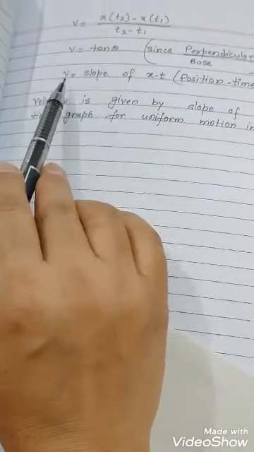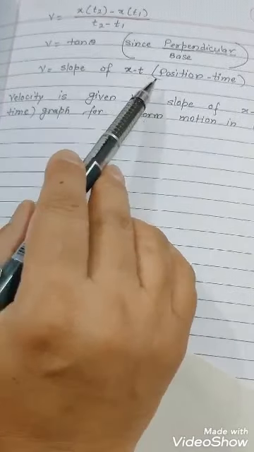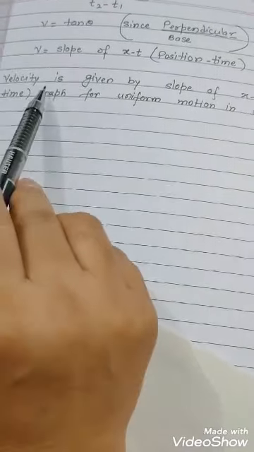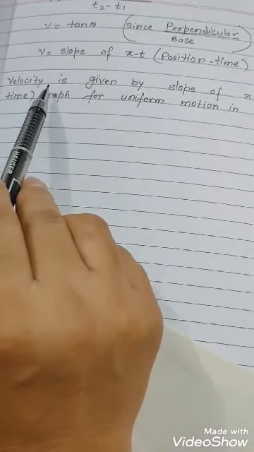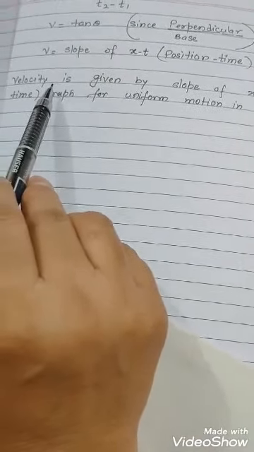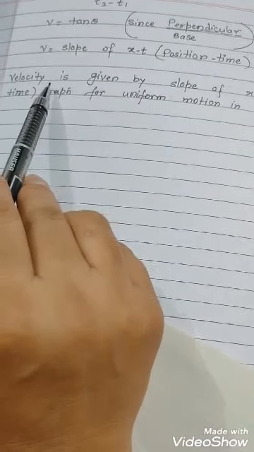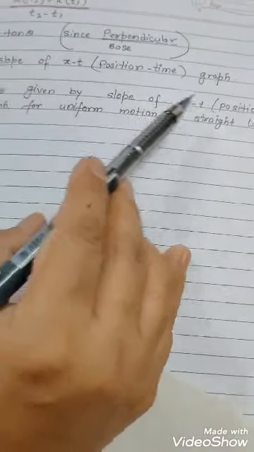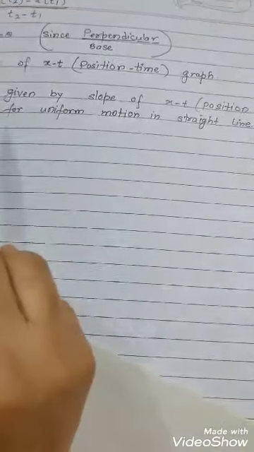So V is equal to the slope of the xt graph, the position-time graph. That means the velocity of an object traveling in uniform motion in a straight line is given by the slope of the xt or position-time graph.